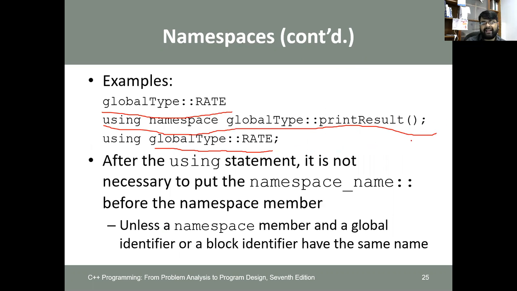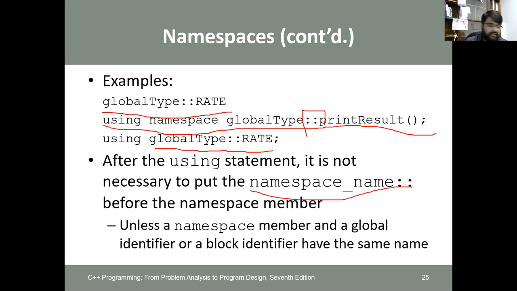However, the issue here is that print result is again accessed through the scope resolution operator. After the using namespace statement, it is not necessary to put the namespace name before the namespace member, like we do for std for cout. If you have the using statement, then you don't need to put this before the namespace member, unless a namespace member and a global identifier or a block identifier have the same name.